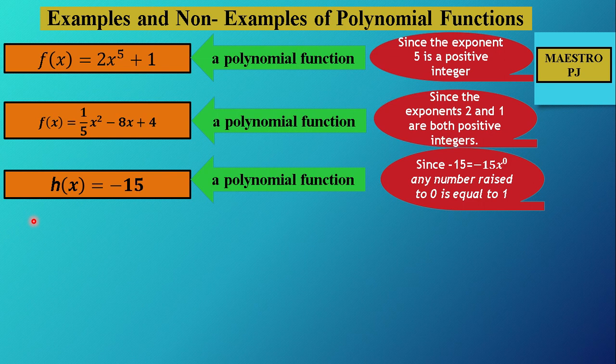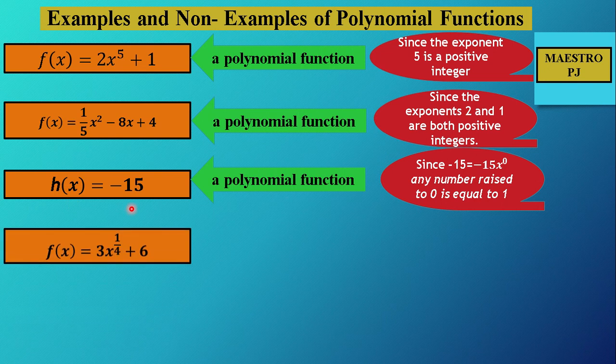Any number raised to 0 is equal to 1. So tignan natin dito. Negative 15 x raised to 0. Itong x raised to 0, it is equal to 1. Then, negative 15 times 1 is equal to negative 15. Meron ba tayong negative exponent? Wala po. May fractional exponent ba tayo? Wala din. So therefore, wala tayong na-violate na rule para sa polynomial function na to.